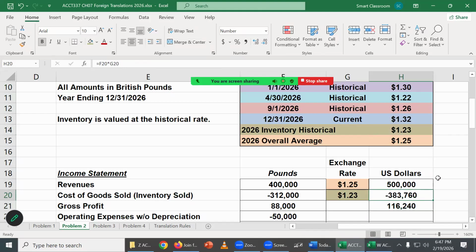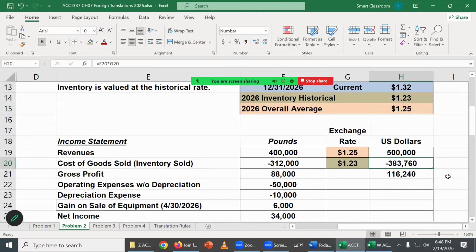Okay, so the cost of goods sold will be 383,760. So cost of goods sold will be at the historical rate for the inventory, and it'll be 383,760.